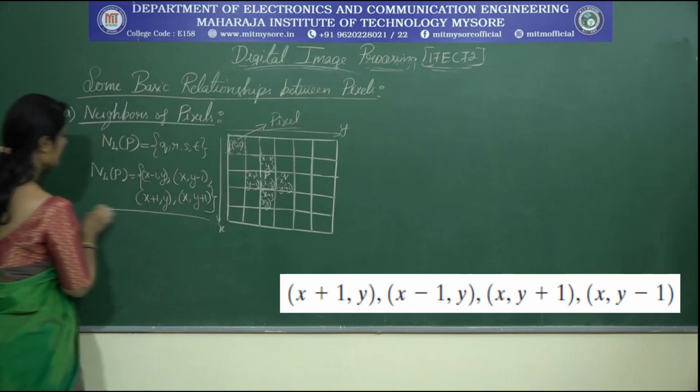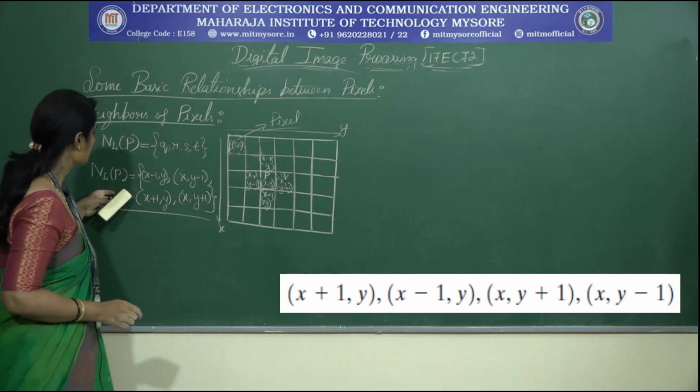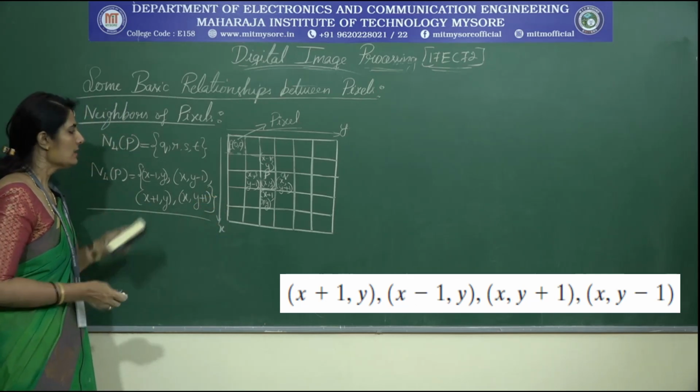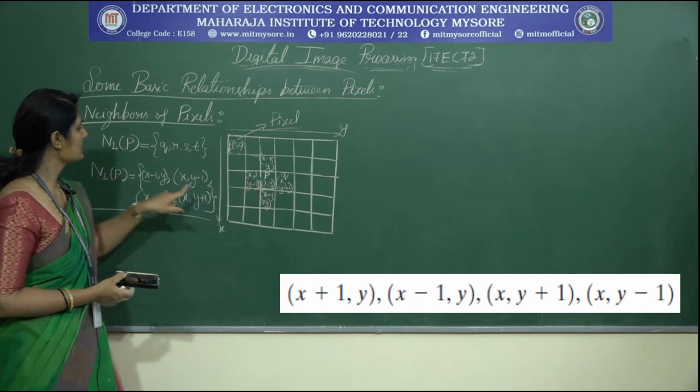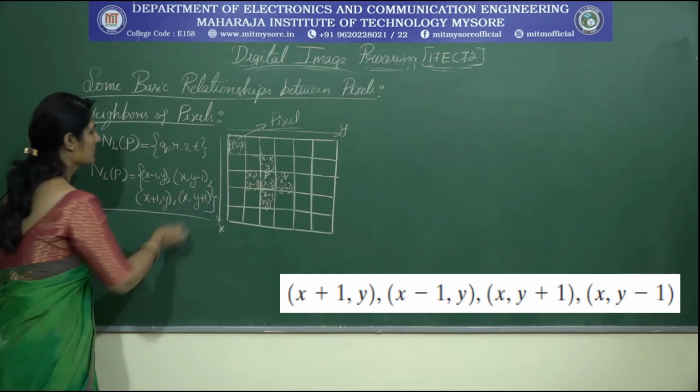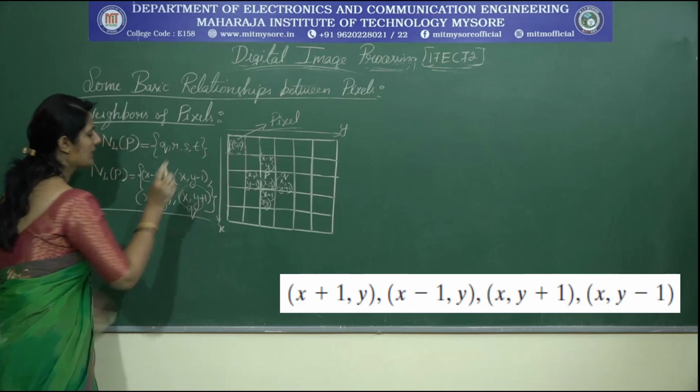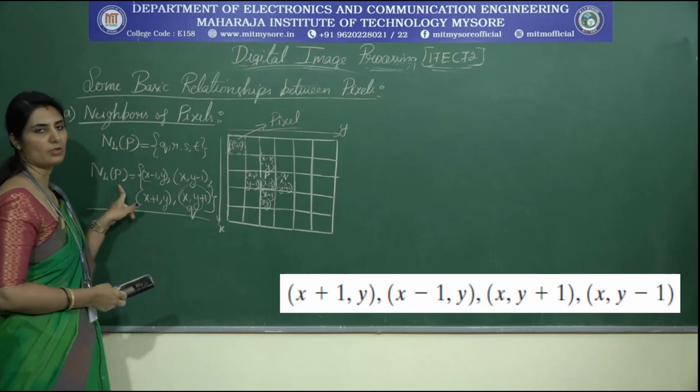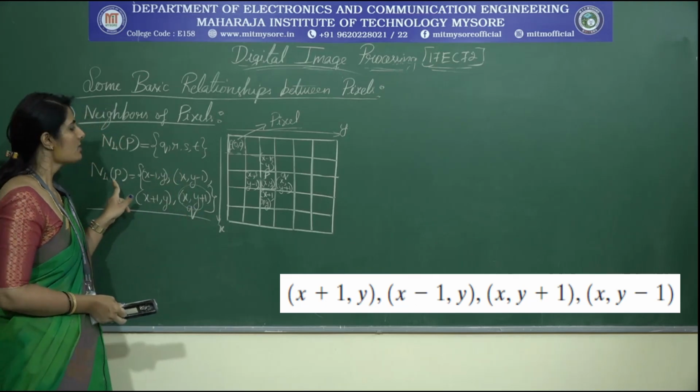These are the 4 neighbors of pixel P. So if Q lies here, then Q is a 4 neighbor of P.